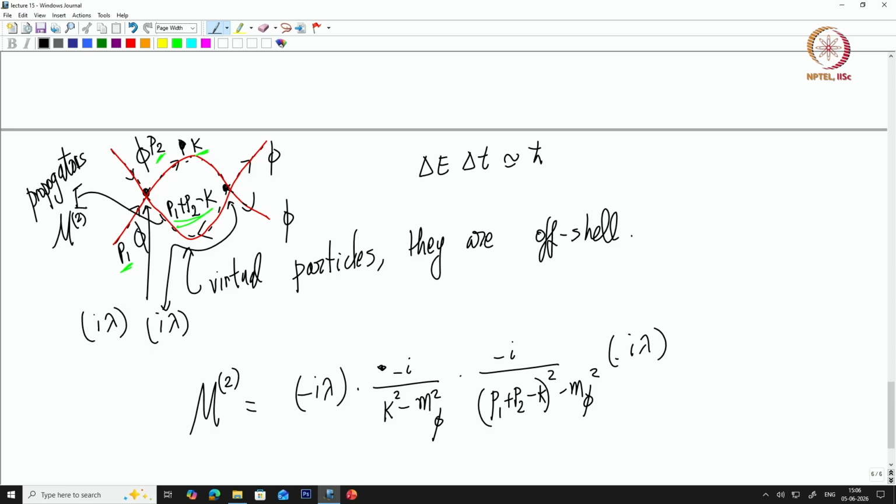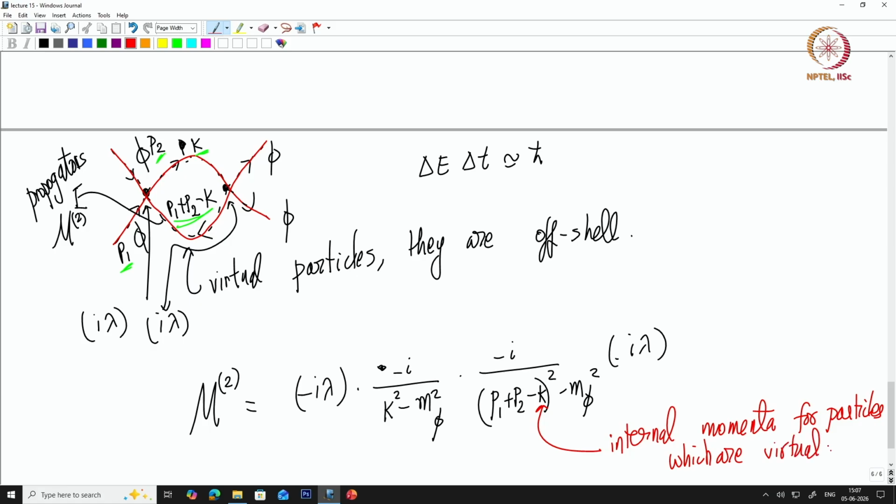Now you see there are two distinct classes of momenta. One is the internal momenta: this k is the internal momentum for particles which are virtual. These virtual particles are not in states or out states.